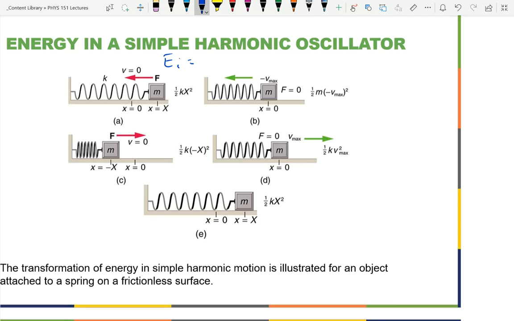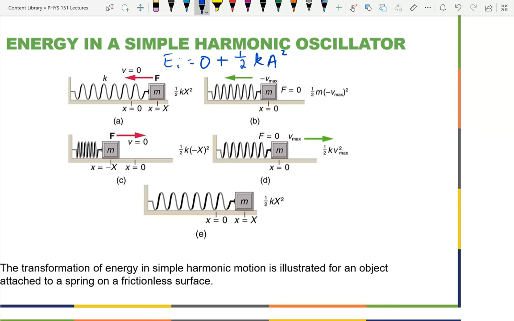What's the kinetic energy if it's stationary? What's the potential energy? Maximum. If it's a spring, it's 1/2 the spring constant times the amplitude squared. So that's the initial energy.